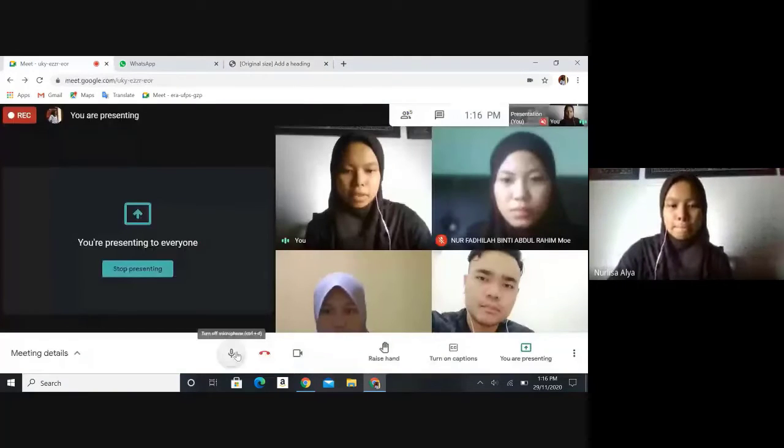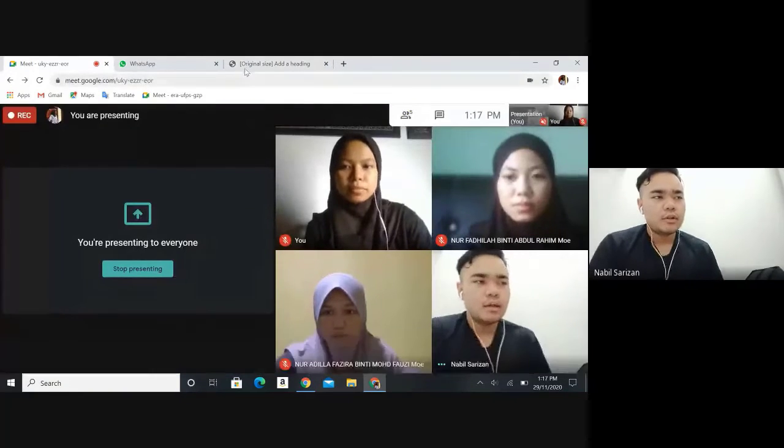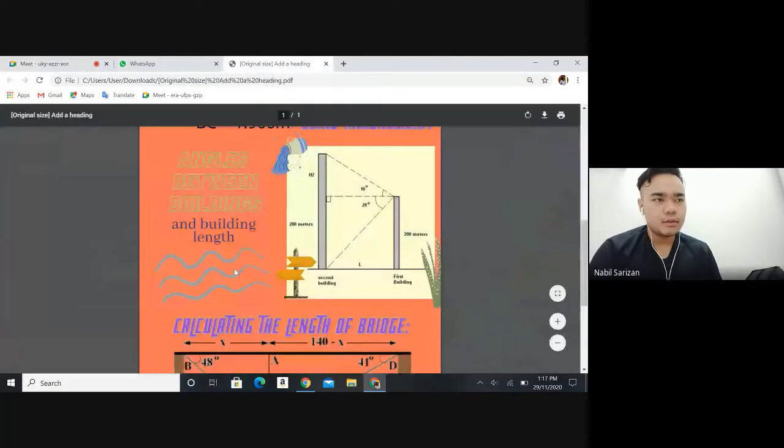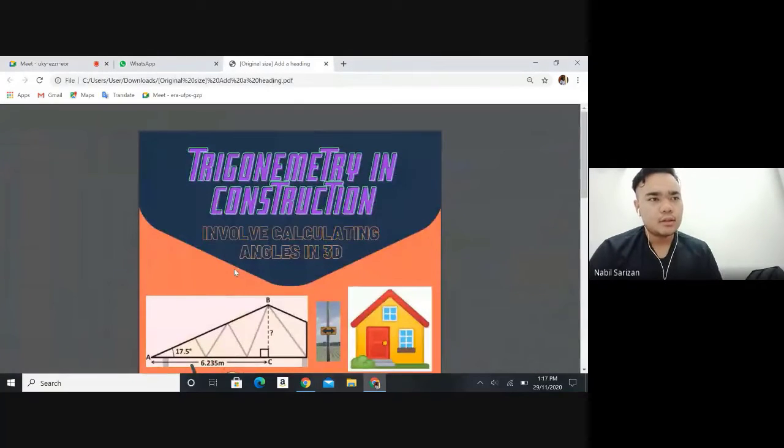Lastly, for the conclusion, the usage of the trigonometry method in construction can give more advantages for the architects. For example, in calculating the length of a bridge, if the architect is standing on the river 10 feet away from where the bridge will be, all he needs is to measure the angle from where he is standing to where the bridge will stop on the other side of the river.